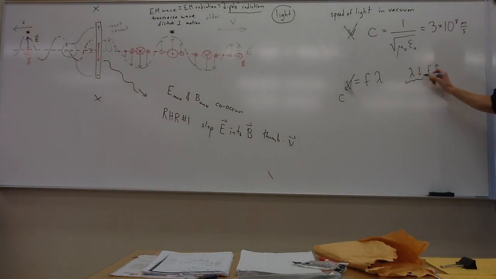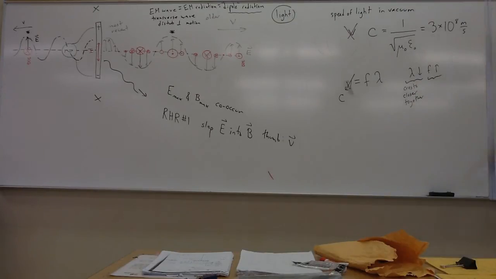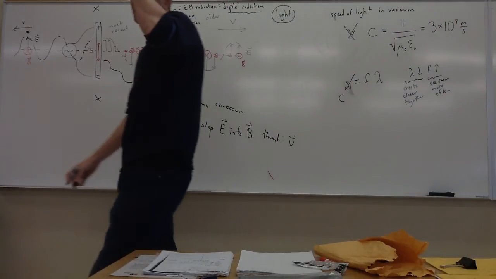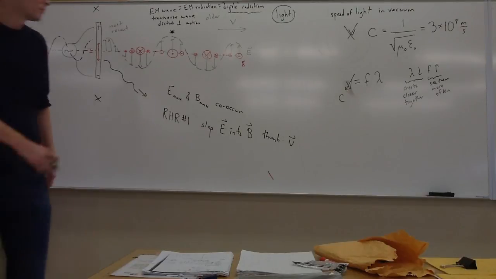If the wavelength is smaller, which is that the crests of the wave are closer together, well then the frequency, which is how often they arrive, will be larger. If the crests are closer together, you'll see them more often. Okay? So that's what that equation says. Make sure you understand V equals F lambda.